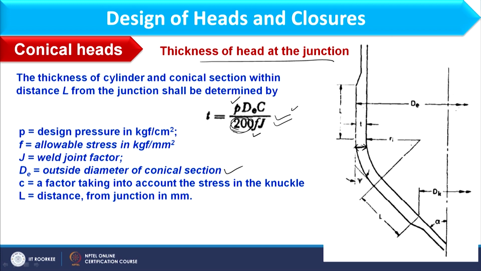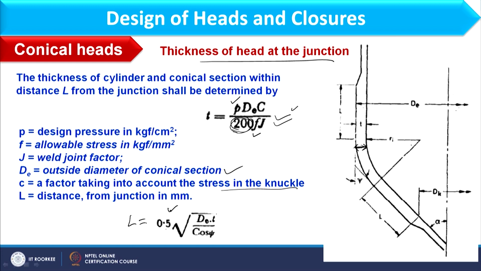C is the factor taking into account stress in the knuckle. So, according to this knuckle, factor C varies. That we will discuss, how it varies. And L is the distance from the junction, which can be found as 0.5 root over dE into T by cos psi.